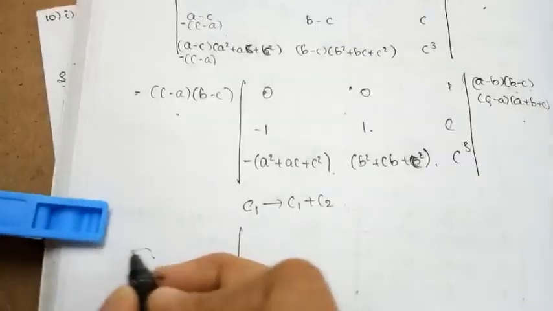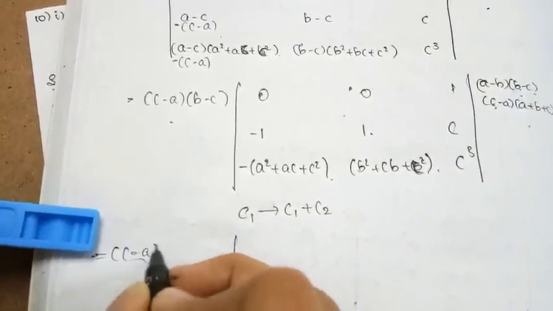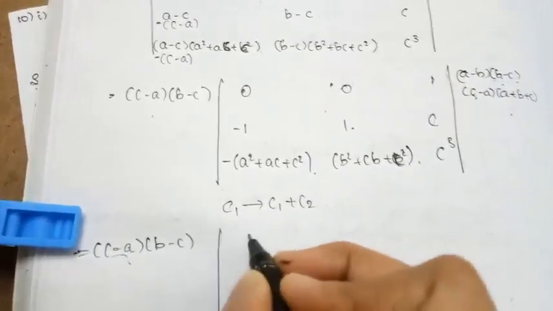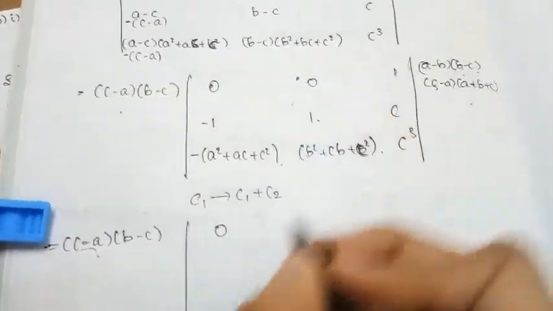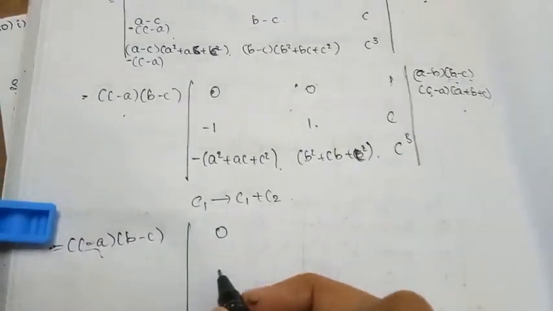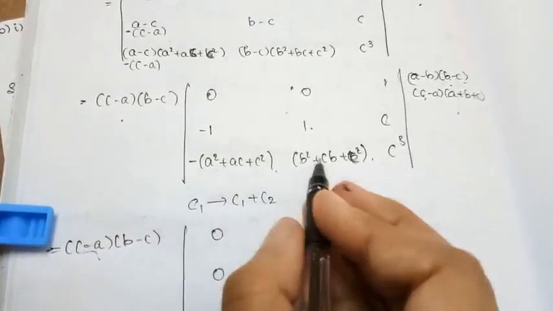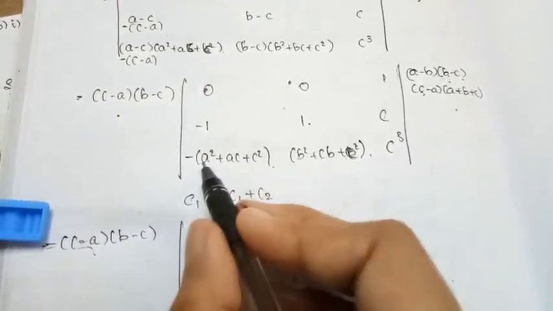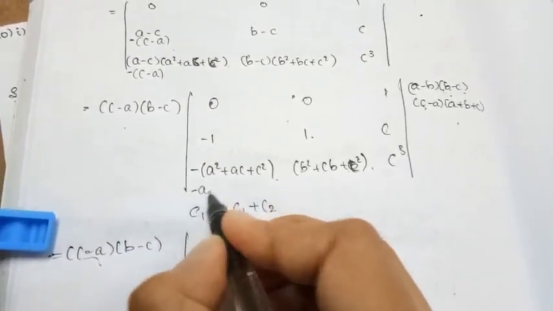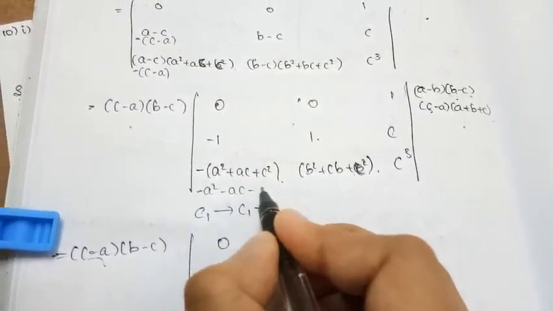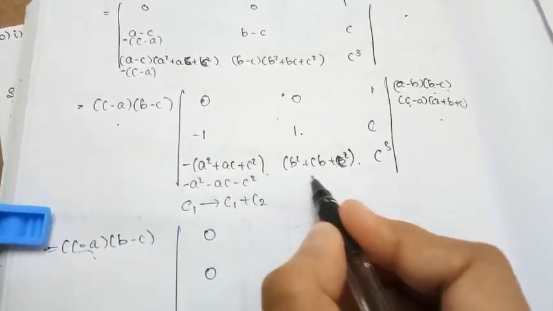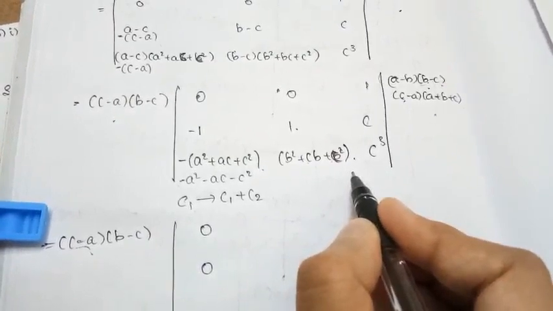At that time, this one is as it is, C minus A into B minus C. So C1 plus C2: 0 plus 0 is 0, minus 1 plus 1 is 0. Now this one, C1 plus C2: if I take minus, it means minus A square minus AC minus C square plus B square plus CB plus C square.